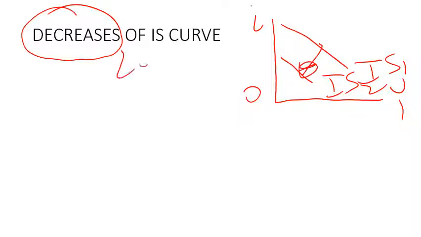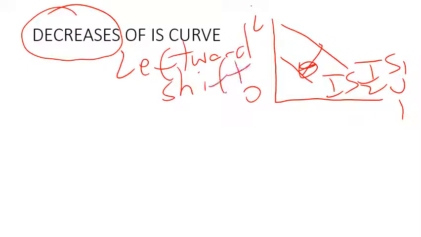It's a leftward shift. Once again, the IS curve is a summation of the goods and services market. So anything which affects the goods and services market will shift the IS curve.